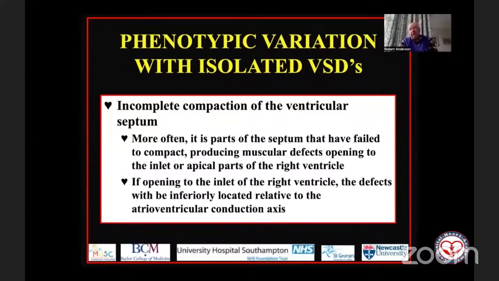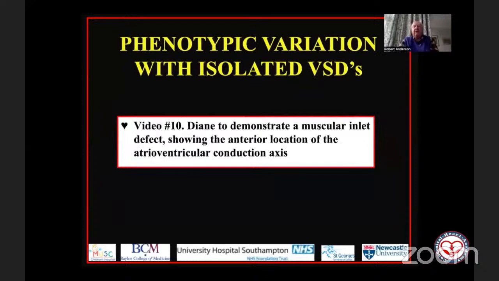Now, the significant point here, if we have such a punched out hole that is opening to the inlet of the right ventricle, it will not have disturbed the formation of the conduction axis. So in this situation, the conduction axis will be superior to the interventricular communication, the communication itself being inferiorly located. And now we'll see that in an autopsied specimen.